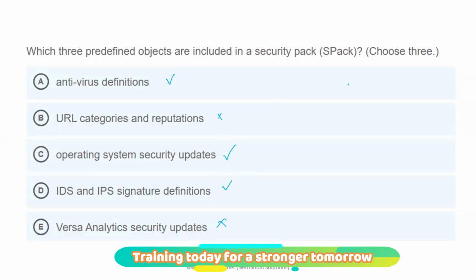I am just making a guess. Why IPS and IDS? Because it is related to security. For DoS and DDoS attack signatures, we can have IPS and IDS signatures also, and that is more relevant for security.